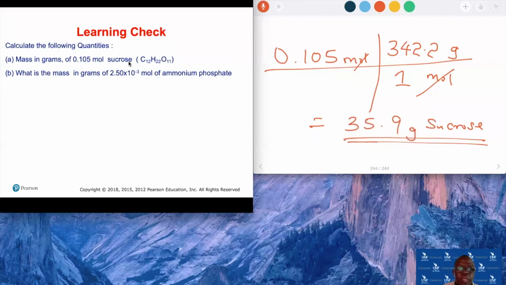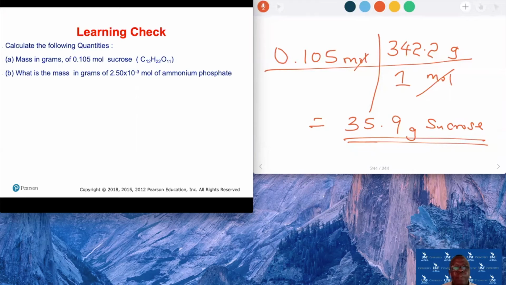The key here is using the knowledge we learned previously. This is the chemical formula. Will you be given the chemical formula? Yes, in some cases. Sometimes you may be required to use the knowledge we learned previously in chapter 2, writing the correct formula for either a molecular compound or an ionic compound.